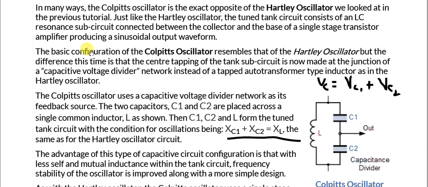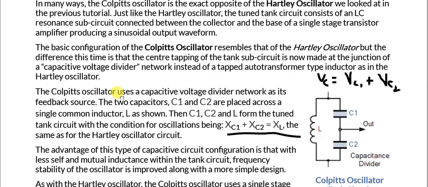The basic configuration of the Colpitts oscillator resembles that of the Hartley oscillator, but the difference this time is that the center tapping of the tank subcircuit is now made at the junction of a capacitive voltage divider network instead of the tapped autotransformer type inductor in the Hartley oscillator.